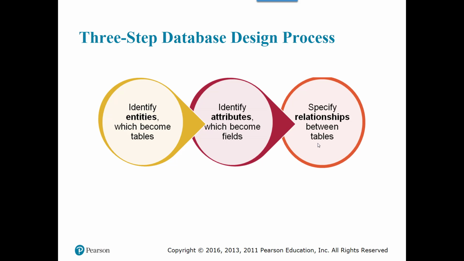Those are all pieces of information about an item in inventory. So the fields would be the part number, the part name, all of those. That collection is the entity, or would be the table. So here we have a table that has all of our pieces of inventory.